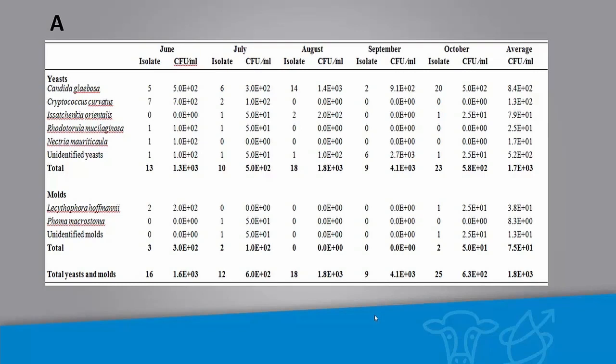For 4 of these, we checked the fine composition in yeast species, as you see here on the screen, and the molds down here at the bottom. We determined for the plants that there was a certain level of consistency in terms of the presence of yeast and mold.